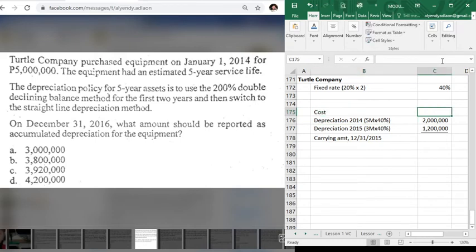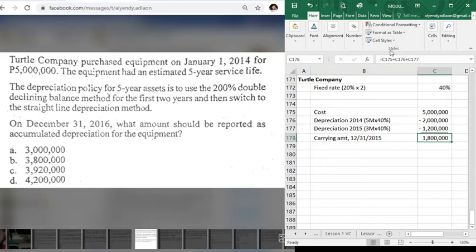So, we have the cost of 5 million minus the depreciation of 2 million, and then minus the depreciation of 1,200,000. So, 5 million minus 2 million minus 1.2 million, we have a carrying amount of 1,800,000. Since we are to treat this prospectively, we start computing the straight line depreciation on January 1, 2016 using this updated amount of 1,800,000.